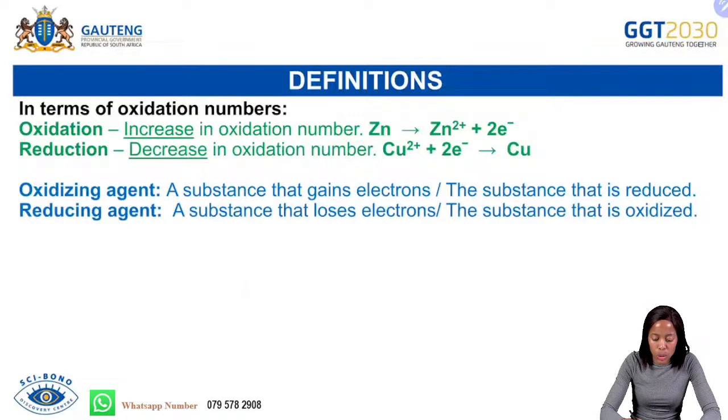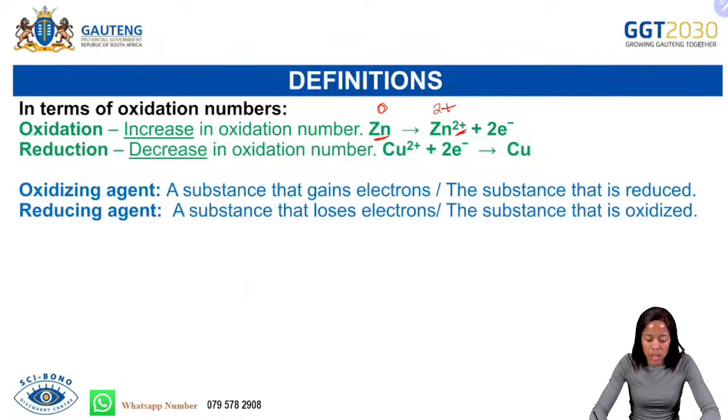When we look at this zinc atom, if it does not have a charge, our charge will be zero. But if it has a charge, we are going to use that very same charge there.